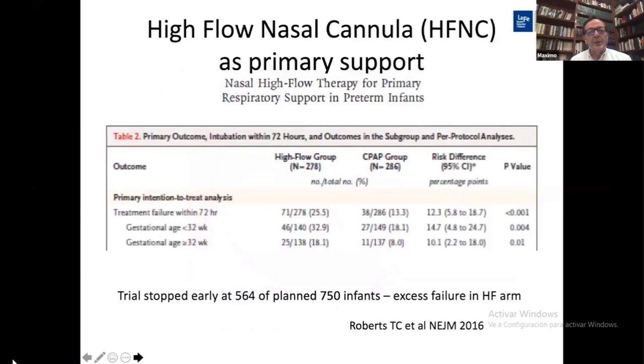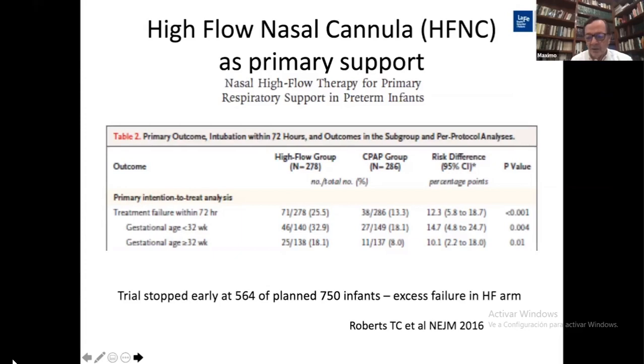Regarding the use of high flow nasal cannula as a primary support in the delivery room, the study by Roberts in the New England Journal of Medicine had to be stopped at 564 babies instead of the planned 750 for an excess of failure in the high flow nasal cannula group.